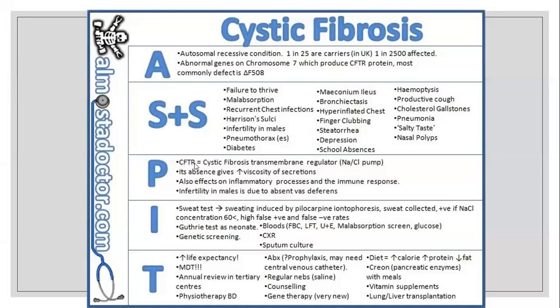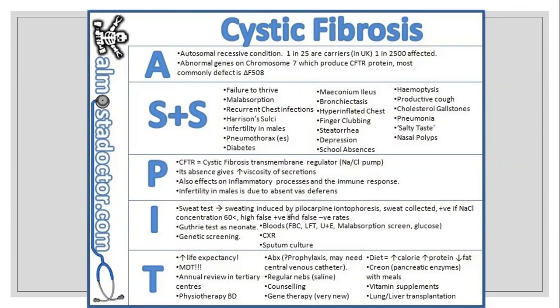CFTR is the affected protein, the cystic fibrosis transmembrane regulator protein. Its absence increases the viscosity of secretions and also affects the inflammatory process and immune response. The most common test is the sweat test.